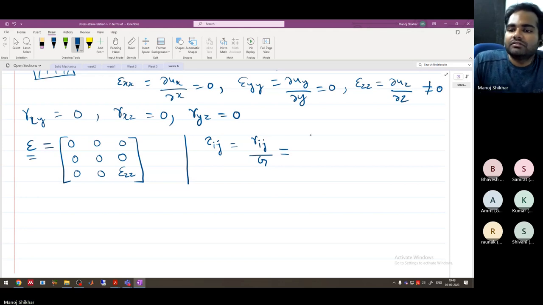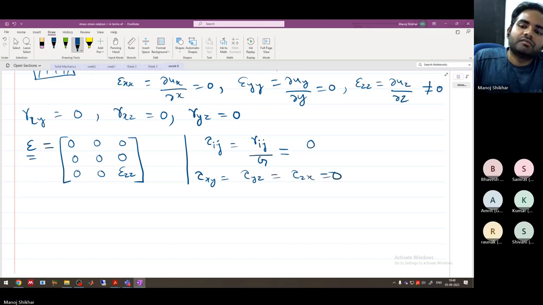Now we know that all the gamma ij's are 0, so tau ij is 0. So tau xy equal to tau yz equal to tau zx equal to 0, because all the shear strains are 0.